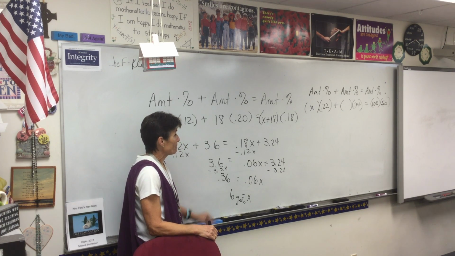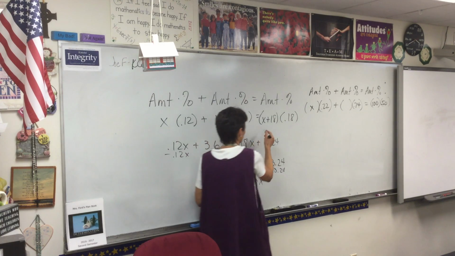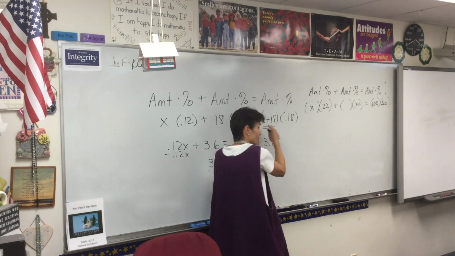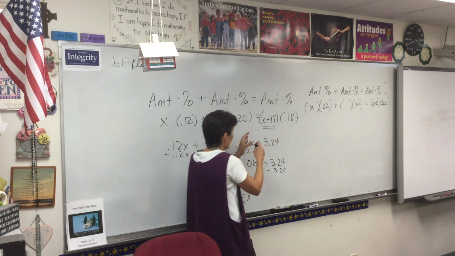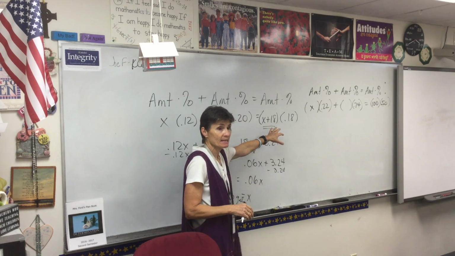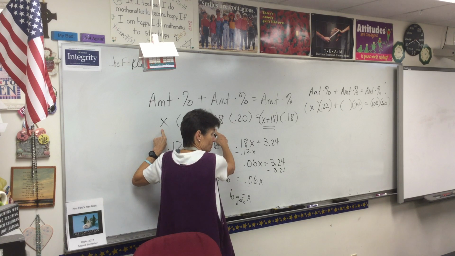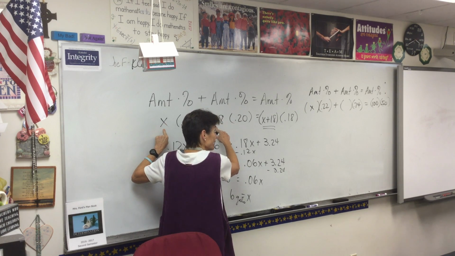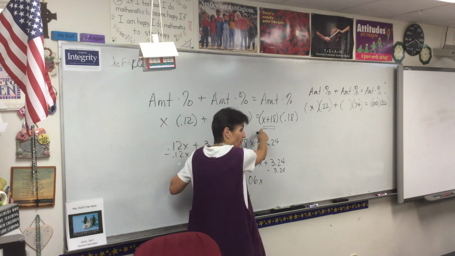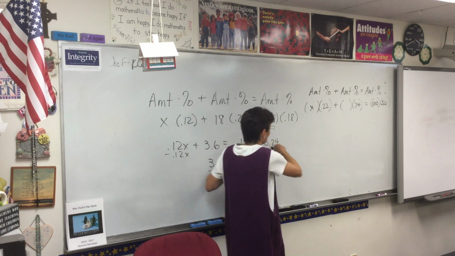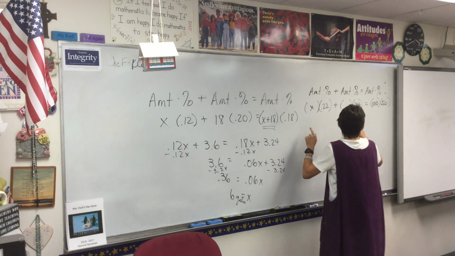Now, before, in the last problem, we had this blank. This was the other blank that we had. And we got X plus 18 because we were adding these two amounts to get that one. Okay, so I'm over here now.